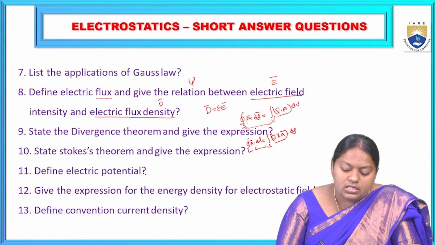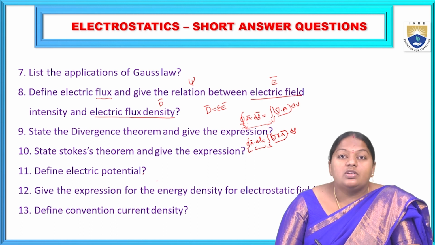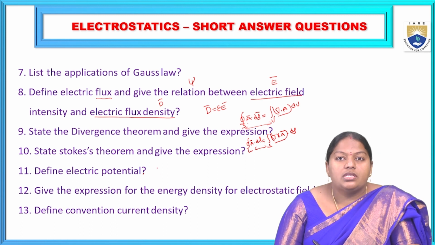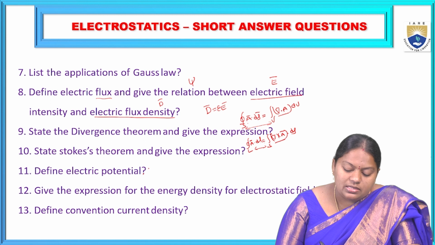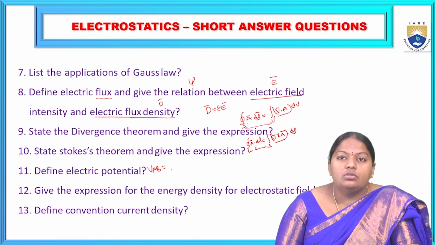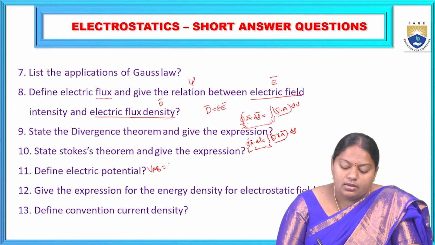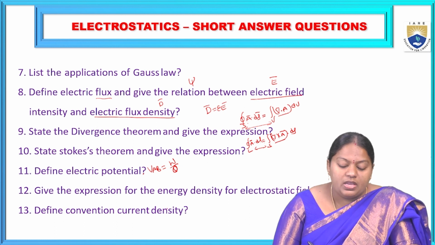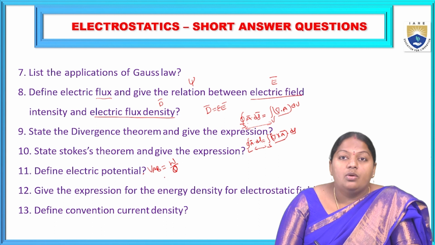Next, define electric potential. Electric potential is nothing but electric voltage, a potential difference between two reference nodes, sometimes defined as V_AB. The potential difference between points A and B is the work done per unit charge when it is placed in an electric field, hence the name electric potential.